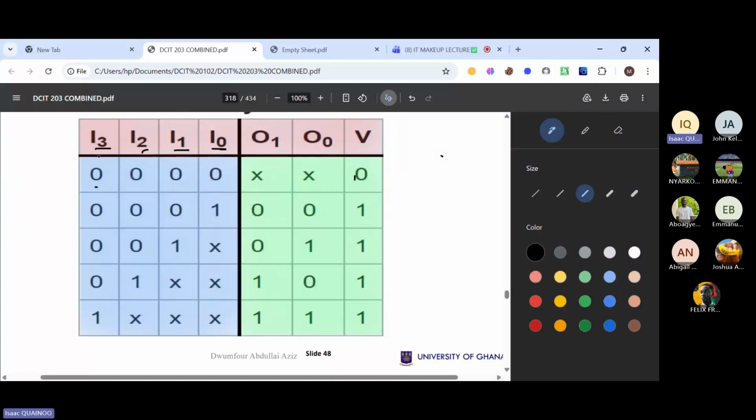D3 will correspond to our I3 here, and D0 will correspond to our I0. If D3 equals 0, D2 equals 1, D1 equals 1, and D0 equals 1.